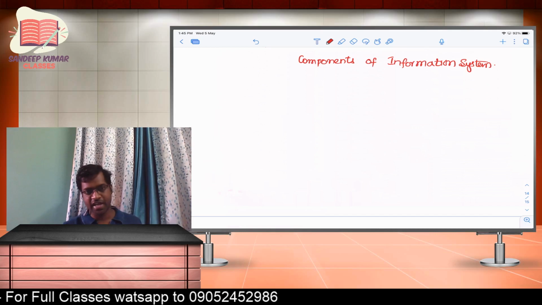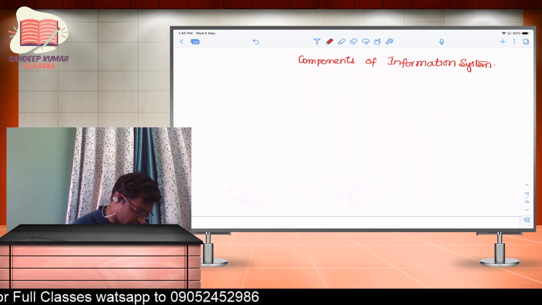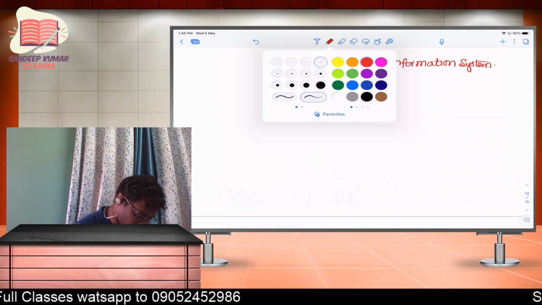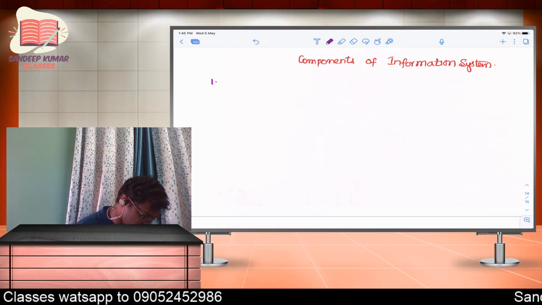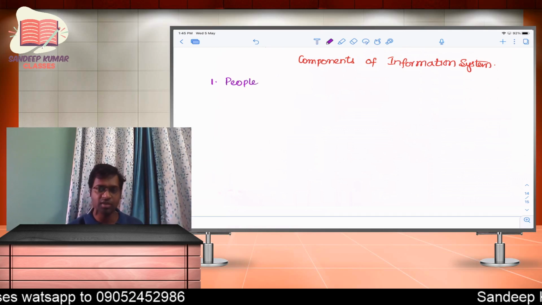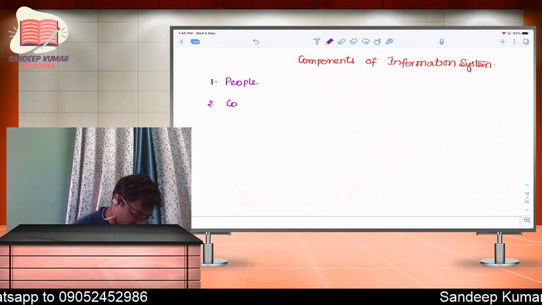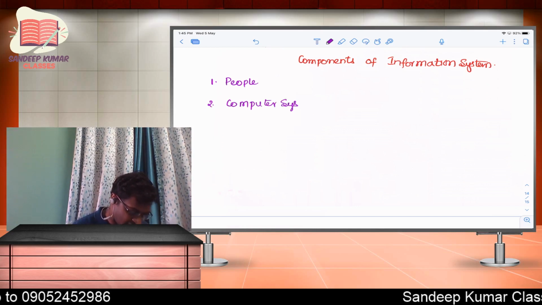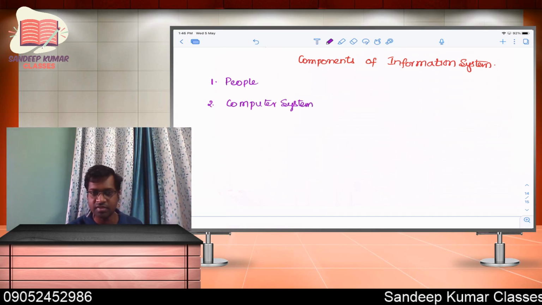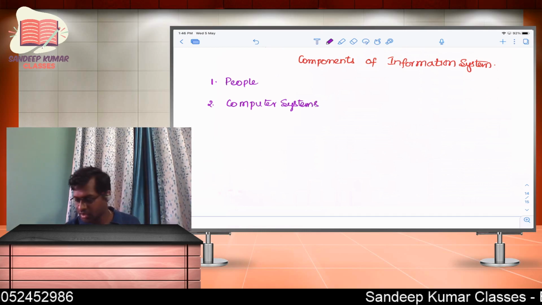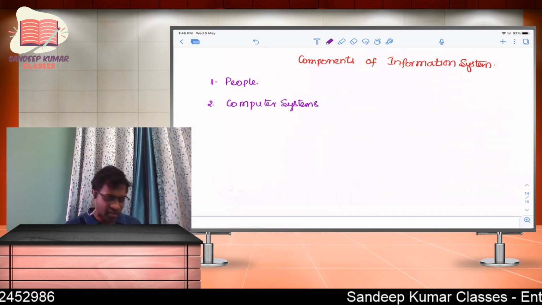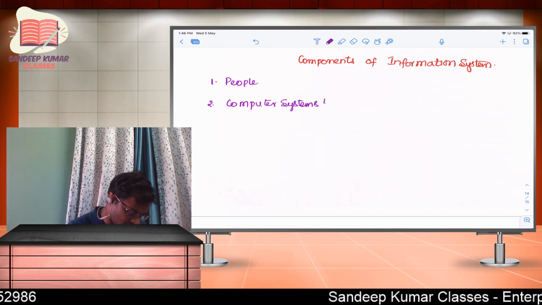How many components do we have in information systems? The first component is people. The second component is computer systems. These computer systems are further classified: it's a combination of hardware and software.